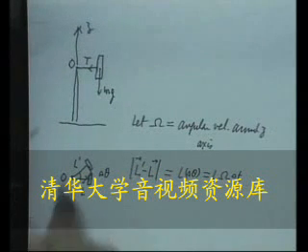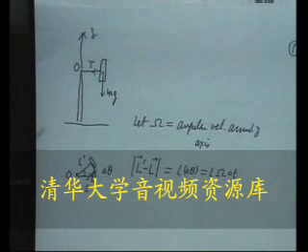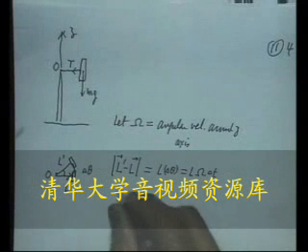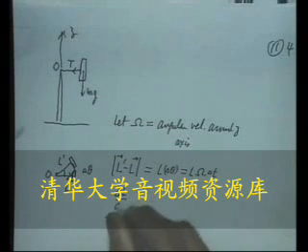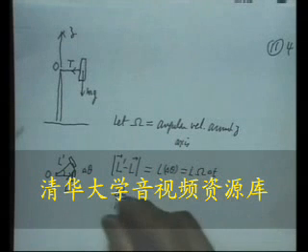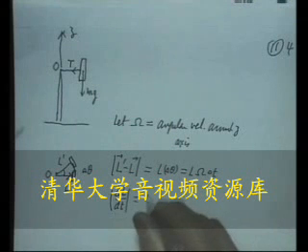So in this diagram, the z-axis is upwards. So the absolute value of dL/dt is equal to L omega.